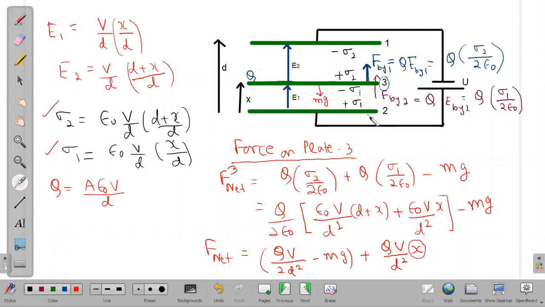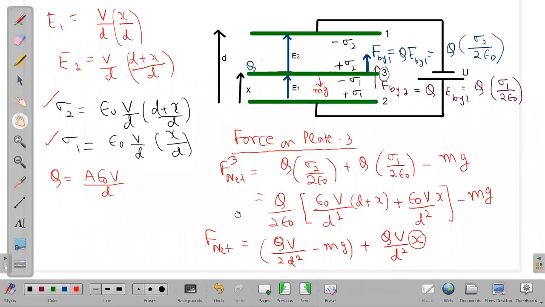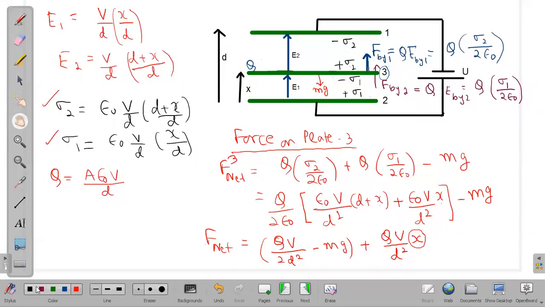That means the minimum force on plate number 3 will be when x is 0, because the force is a linear function of x, and as we increase the value of x, the force goes on increasing. So the minimum force on plate number 3 will be this much factor, and that will happen for x equal to 0.